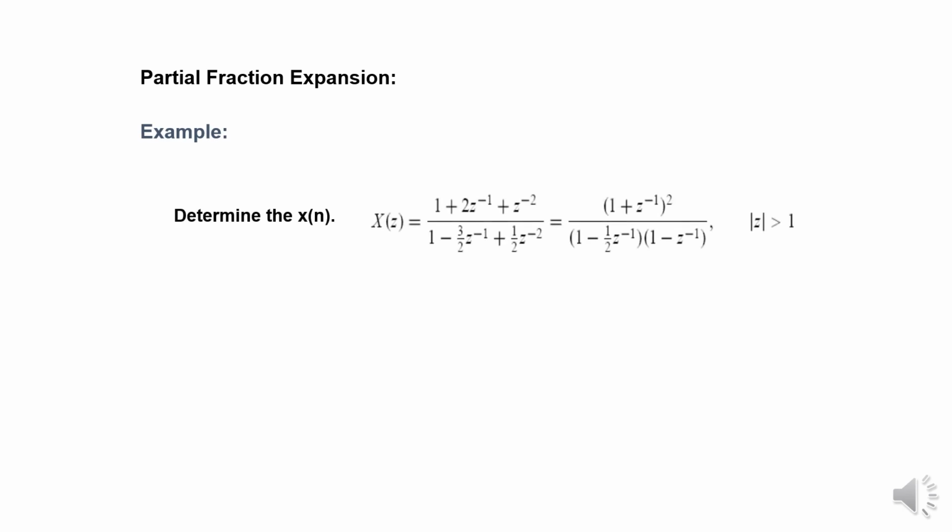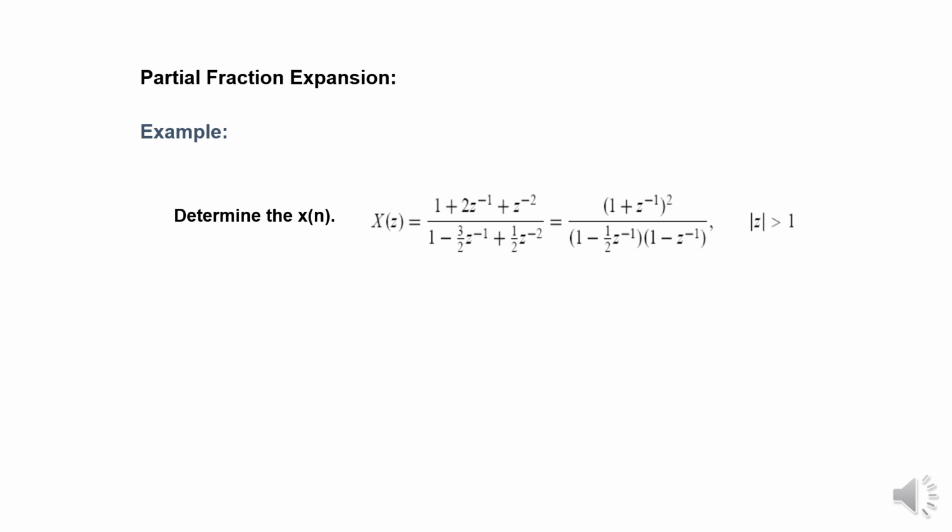Consider when you are given X(z) like this: X(z) equals 1 plus 2z^-1 plus z^-2 divided by 1 minus 3/2 z^-1 plus 1/2 z^-2, right? Here, what is the numerator?